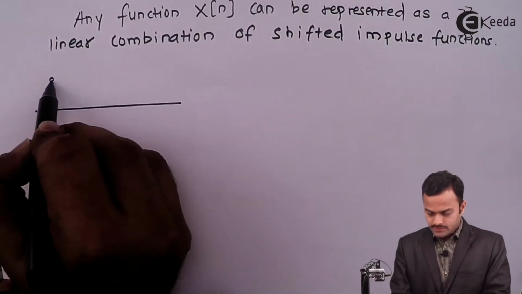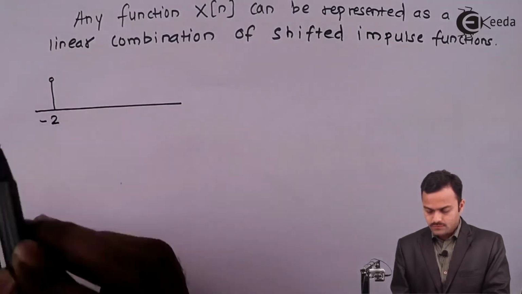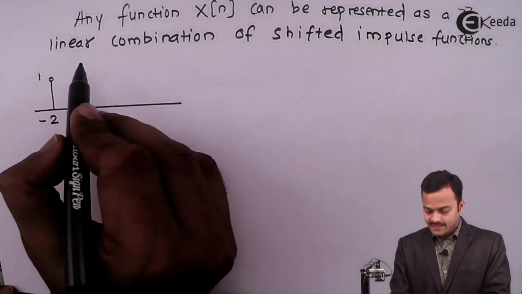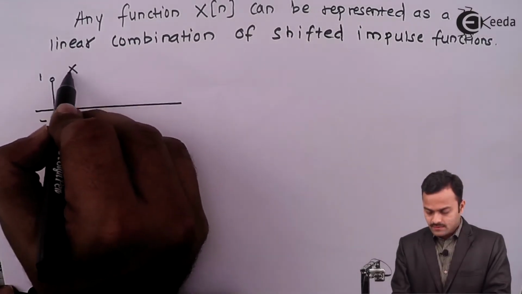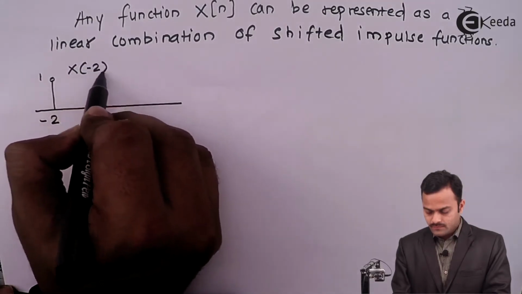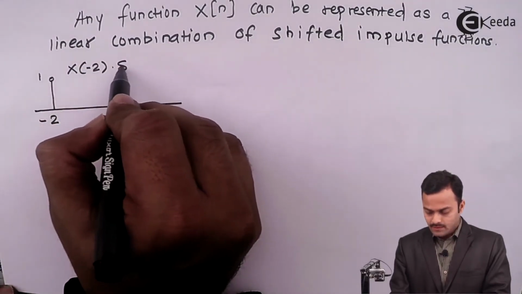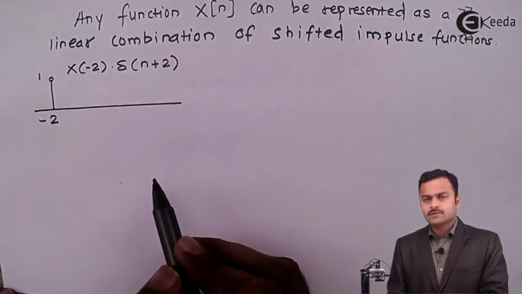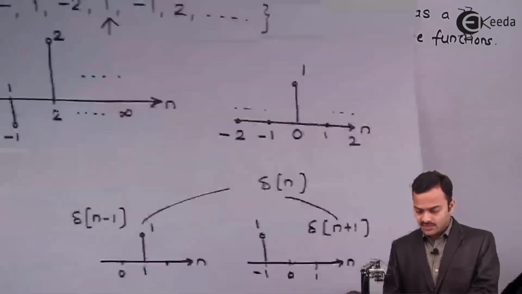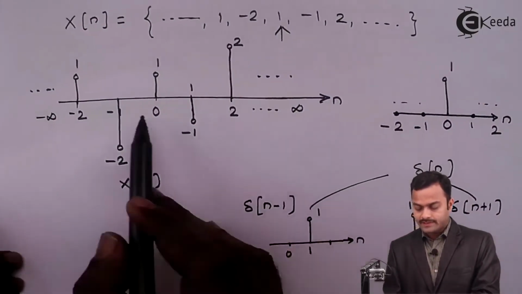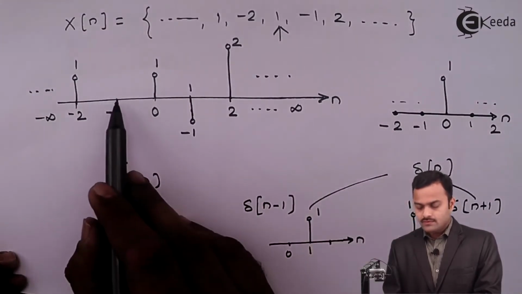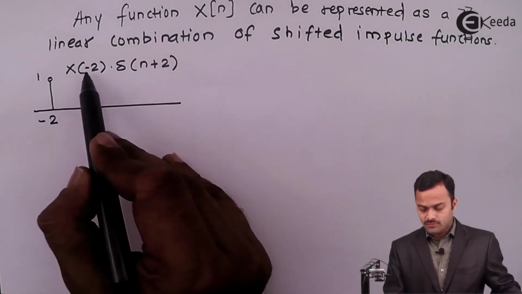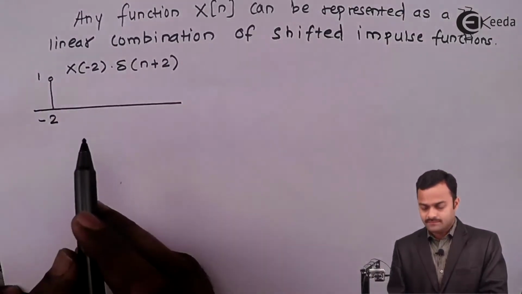So I will get a value present only at n equal to minus 2, and that is equal to 1, which I can write like this: it is x of minus 2 multiplied by delta n plus 2. Meaning I advance the delta function by 2 units so that it makes the rest of the values beside n equal to minus 2 as 0. So I can say x of minus 2 multiplied by delta n plus 2 is like this.